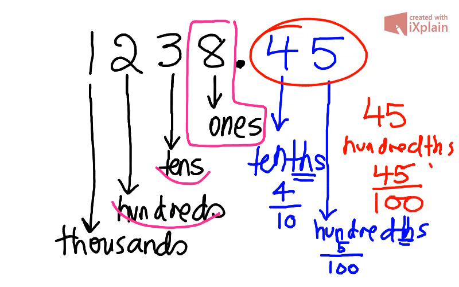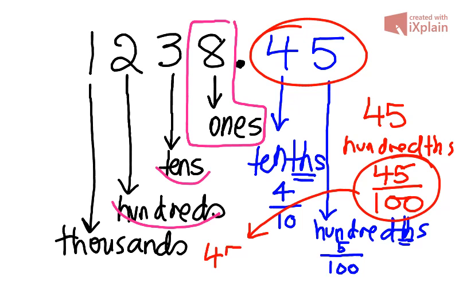And actually 45 over 100 or 45 out of 100 is what we are very familiar with in terms of expressing as a percentage. So 45%.